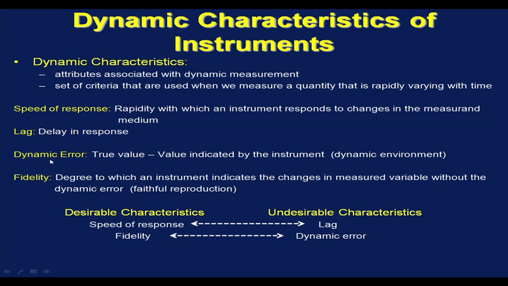Similar to static error, dynamic error is defined as true value minus value indicated by the instrument, and of course, it is in a dynamic environment. So, dynamic error is the difference between the true value and the value indicated by the instrument when the instrument is being used to measure a dynamic medium. And fidelity is the degree to which an instrument indicates the changes in measured variable without the dynamic error. So, this is a faithful reproduction.